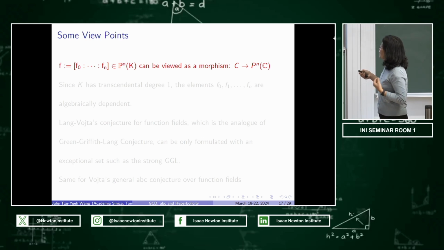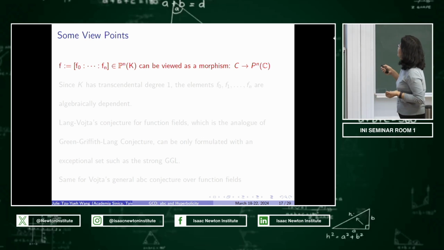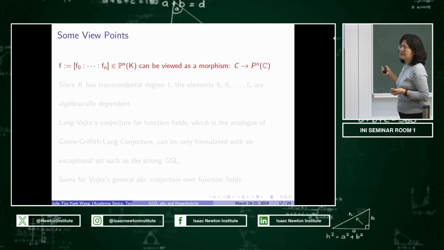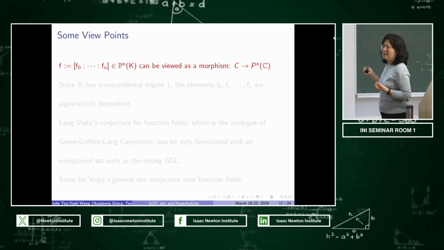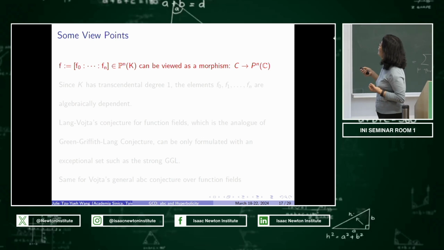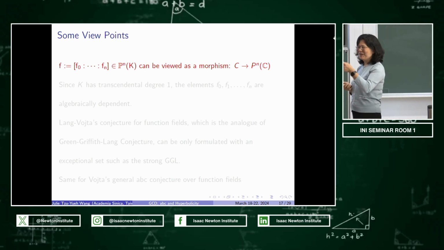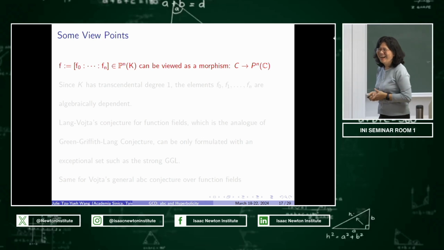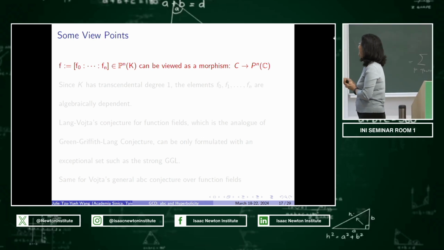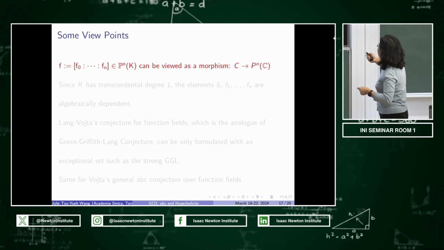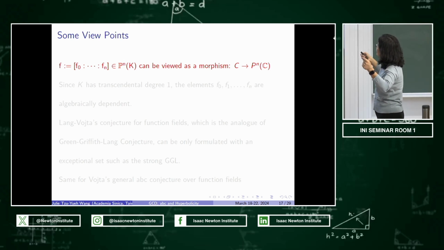But you can also realize this as a morphism from C to projective space. Is C the same thing you were calling R on the previous slide? Like K is the function field of C? Oh, yeah, you're right, sorry, it's R. This is the curve. I forgot, I usually use C, but here I use R. Yeah, okay, thank you.